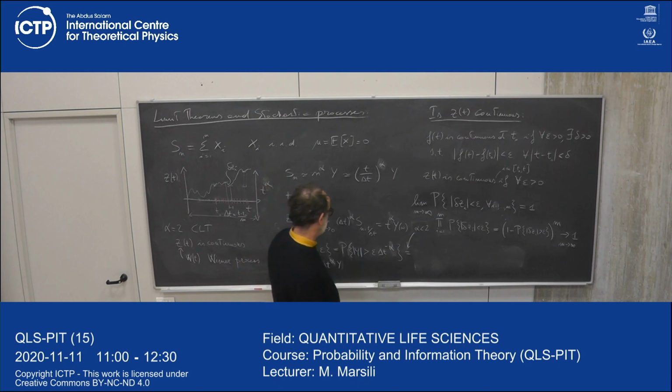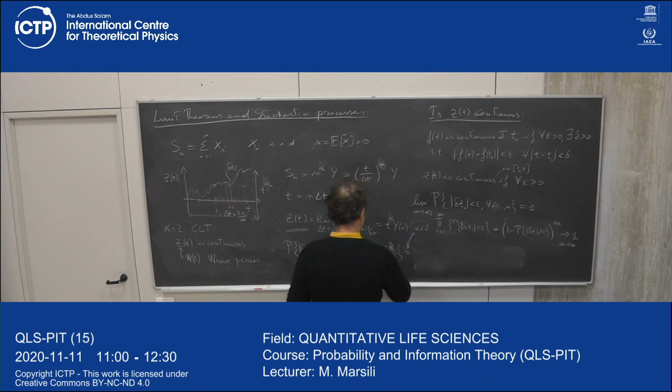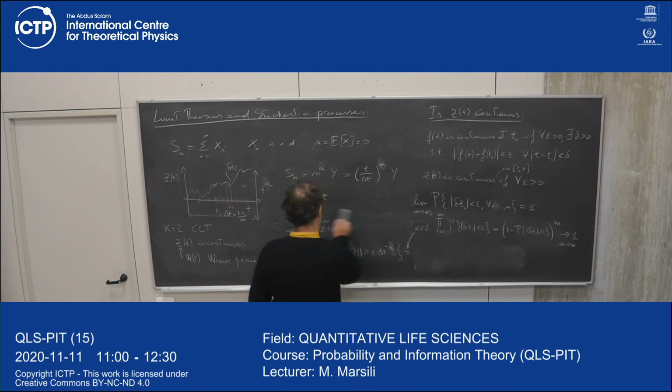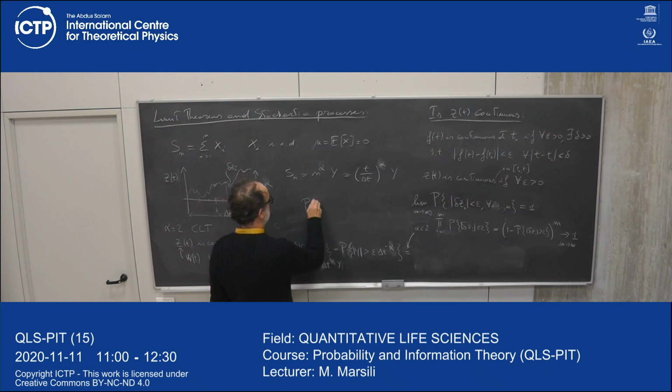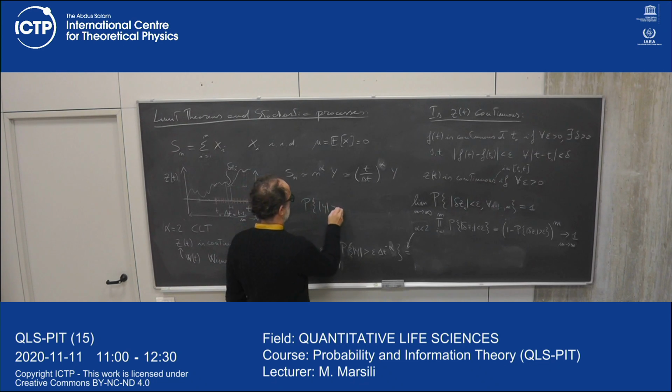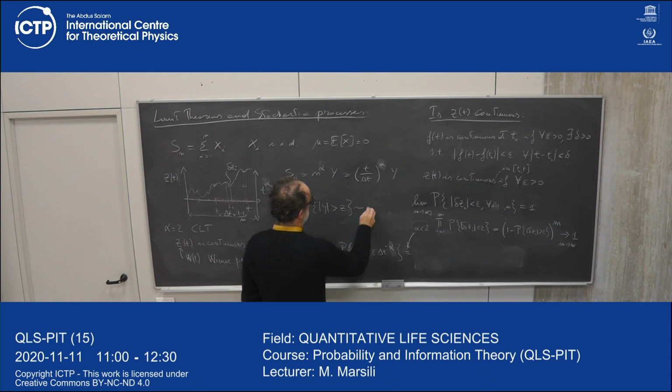So for alpha less than 2, the probability that y is larger than some z essentially goes as a constant times z to the minus alpha when z goes to infinity.